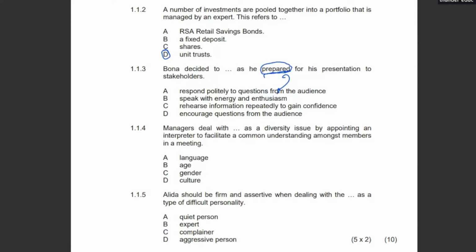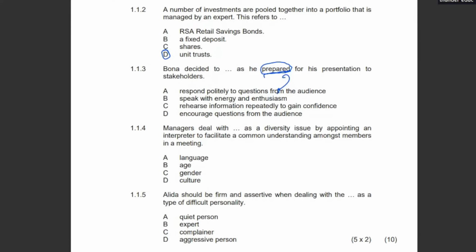So meaning here, grade 12s, you must first check what the preparation should be because of this word. Okay, right. Encourage questions from the audience. Also, this one can contribute towards after the presentation. So now, before wasting any time, Bonner decided to rehearse information repeatedly to gain confidence. Remember, when you're going to administer a presentation, you should first prepare your presentation.